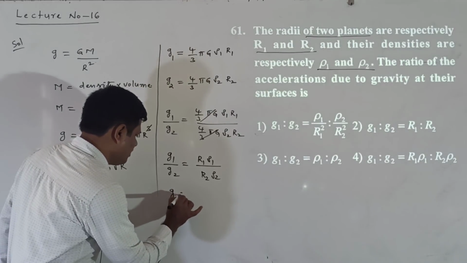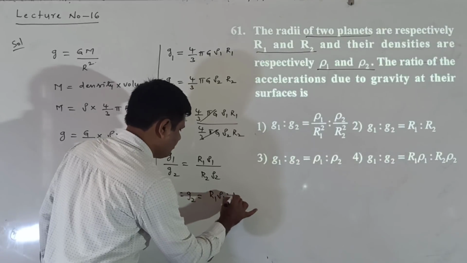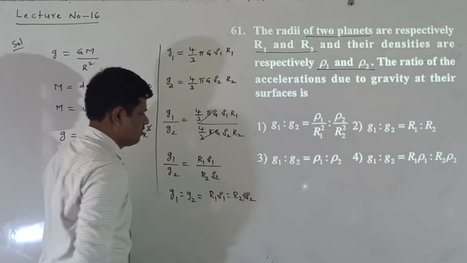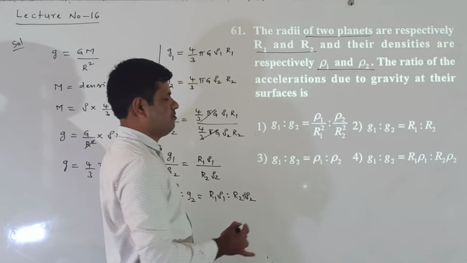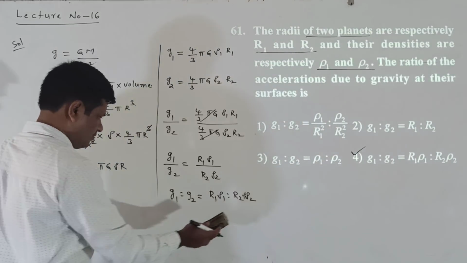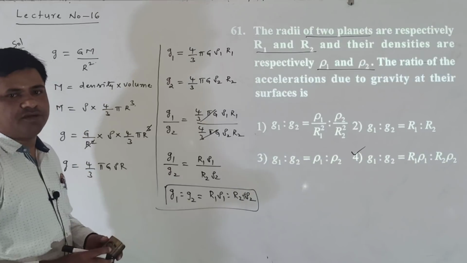So g1 is to g2 is equal to r1 rho 1 is to r2 rho 2. Which option is correct here? The fourth option is correct.